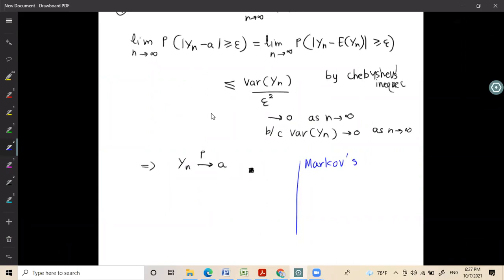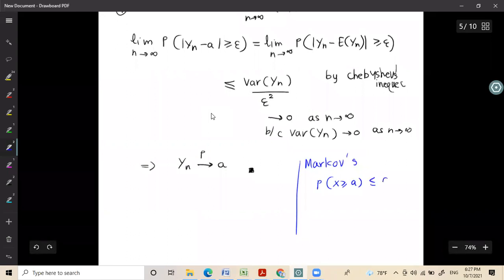Let X be a non-negative random variable. For any constant A, the probability that X is greater than or equal to A is less than or equal to E[X] over A. So this is the Markov inequality, right?